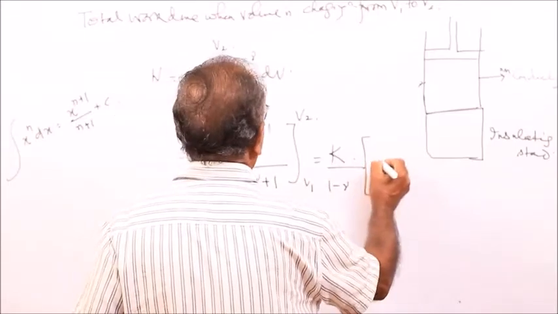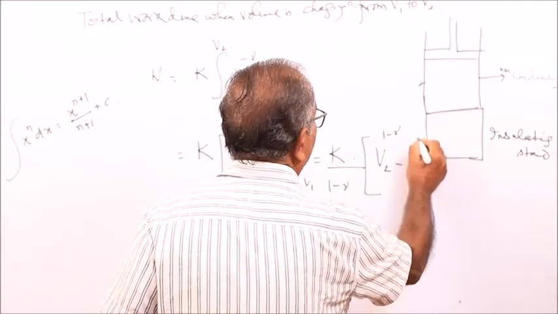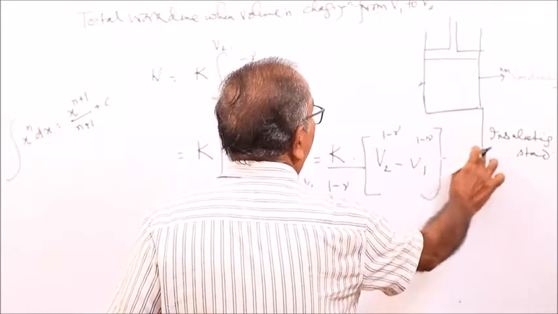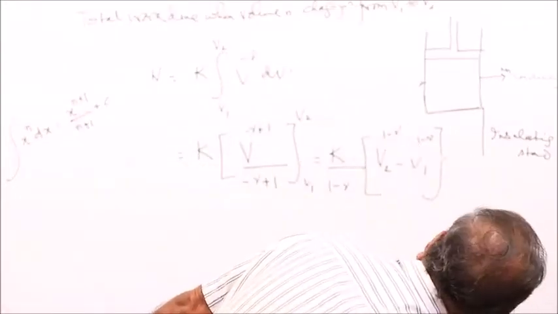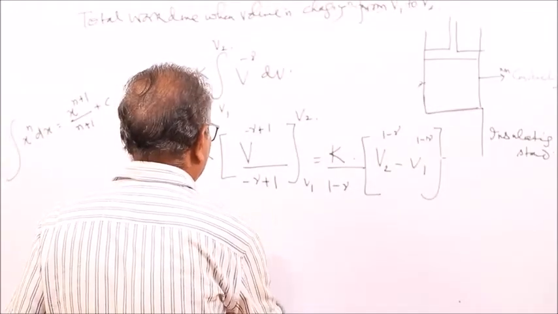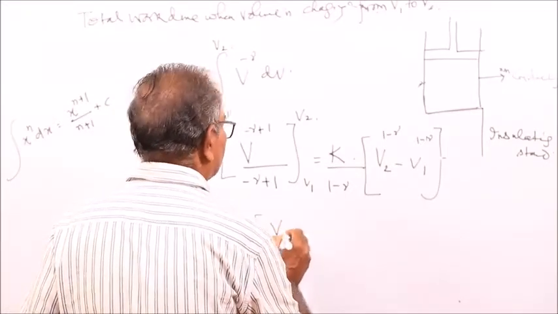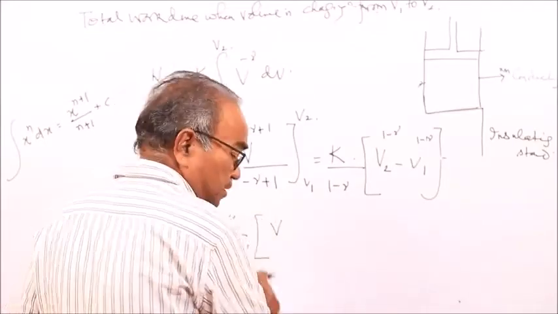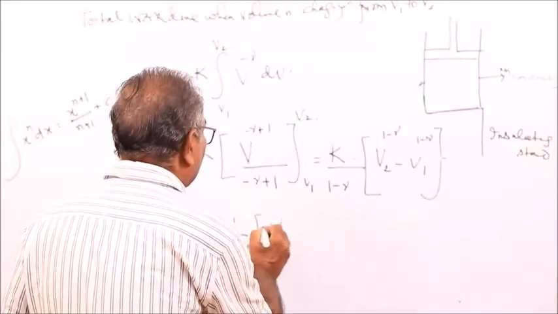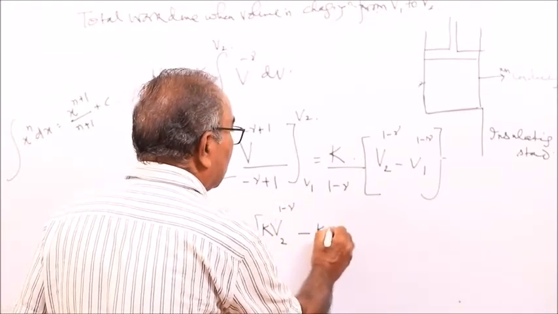The first value is V2 to the power 1 minus gamma, then minus V1 to the power 1 minus gamma, or K by 1 minus gamma, and K multiplied inside becomes 1 by 1 minus gamma, K V2 to the power 1 minus gamma minus K V1 to the power 1 minus gamma.